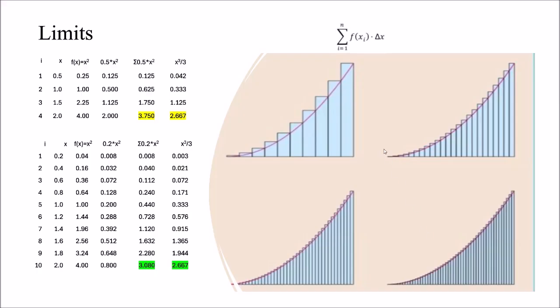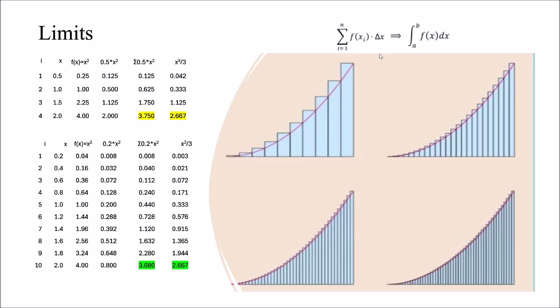Usually, we arrange them into a sequence based on increasing n. To obtain the exact answer, we need to take the limit as n goes to infinity. It is in this sense that integral resembles summation.